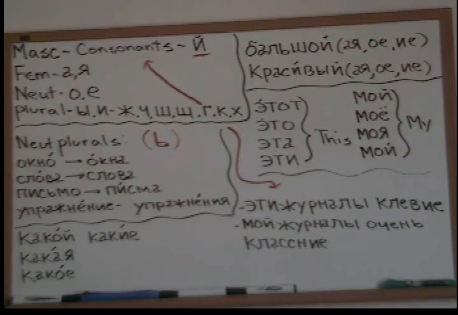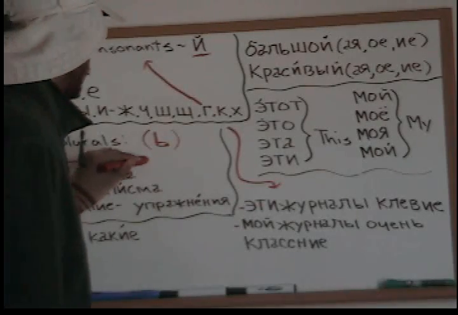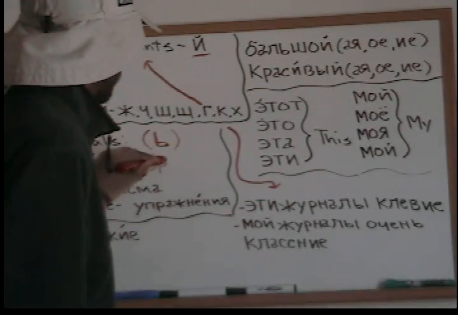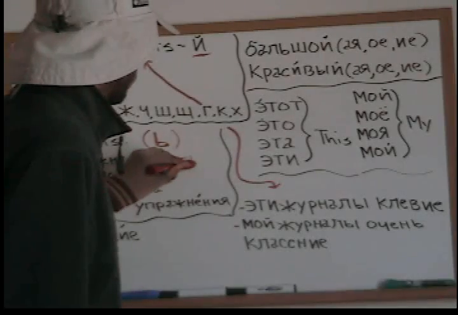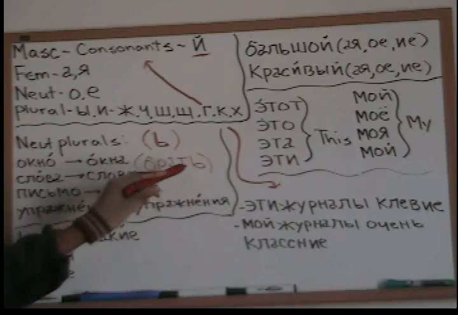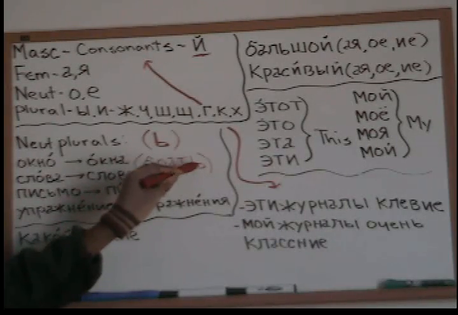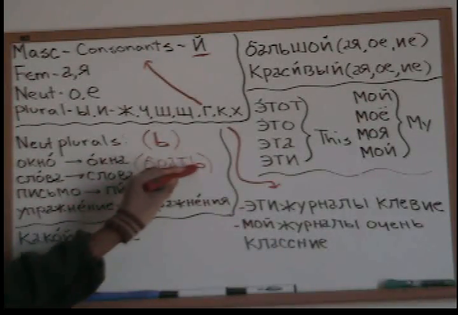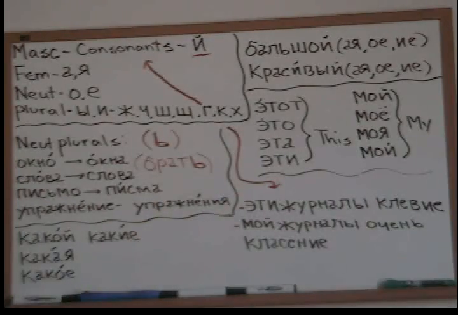Of course, a word like брат ends with a soft sign, but it's going to be masculine because it's a brother. It's talking about a male, so that's masculine. But any other time, the word is considered feminine. It's kind of weird, but that's just how the language is.